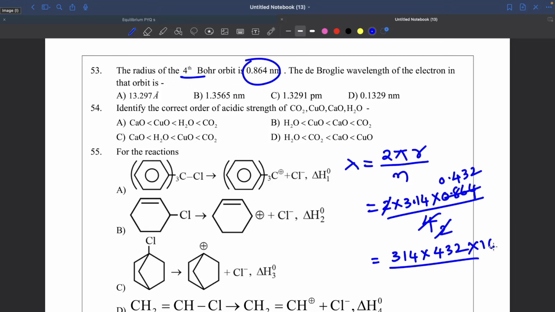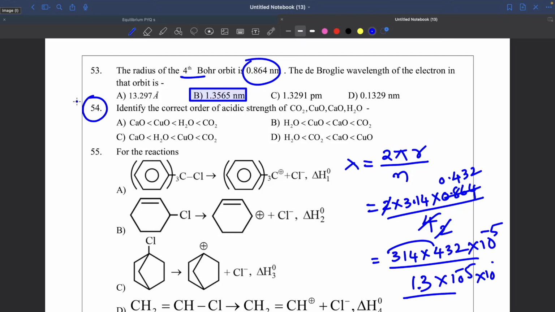Of course, we have to count the decimals. This is going to give us a 6-digit number, and the power is 10 to the minus 5 times 10 to the minus 4. It will be almost 13 into 10 to the power minus 10 meters, something like 1.3 nanometers. So 1.3 nanometers is the answer. This is our answer for this question.